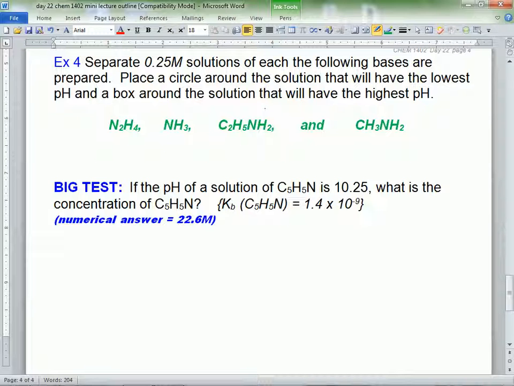So in EX4, you need to circle the solution that's going to have the lowest pH, and draw a box around the solution that will have the highest pH.